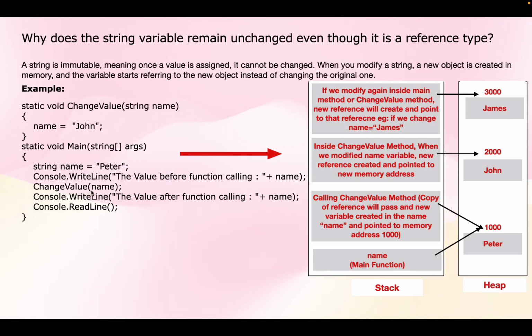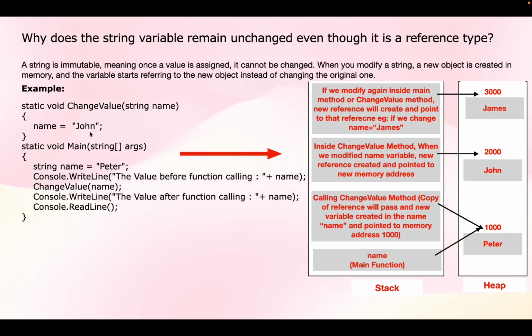Here we are calling the function and passing our string variable. After this first line executes, a new name variable is created and a copy of the reference is passed. Note, string is a reference type, so only a copy of the reference is passed, and that newly created variable also points to the same address 1000. So the reference in the change value method also points to address 1000. In the next line we modify the string variable.